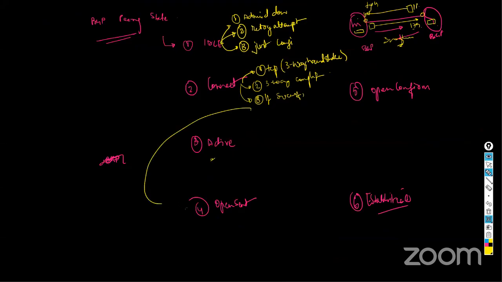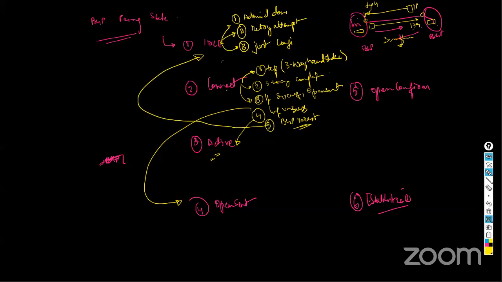That's not active. Instead, it's open sent. I'll tell you why open sent. If it is successful, it will go to open sent. If it isn't successful, then it's going to go to active. Fine. And if BGP gets reset, it went from idle to connect, and after connect, it gets reset, then it's going back once again to idle.